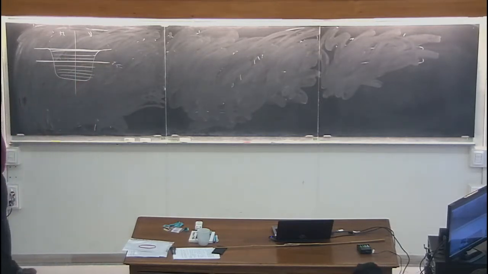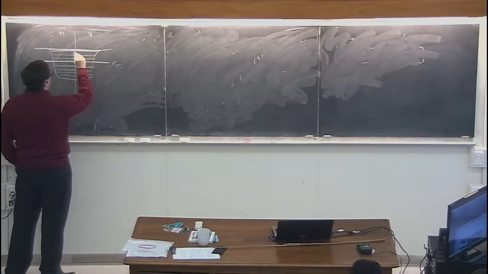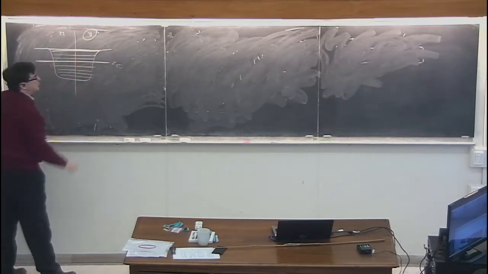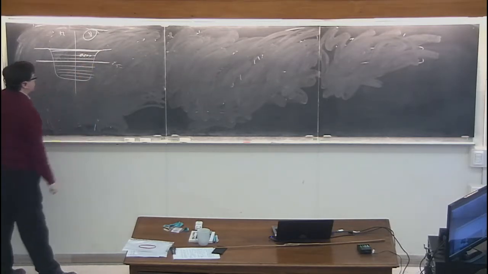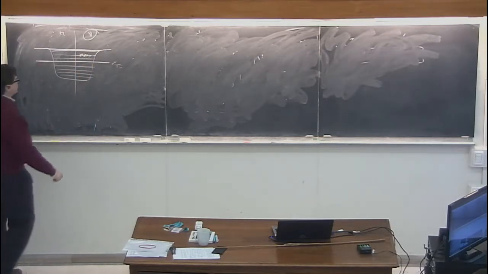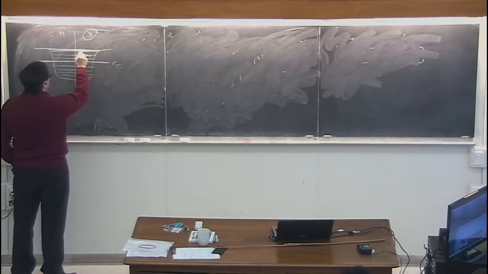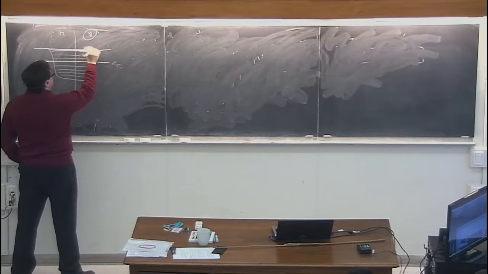But if you have nuclei where, as in the case of neutron-rich nuclei, almost all the levels of neutrons are occupied, the states of the continuum are very close.